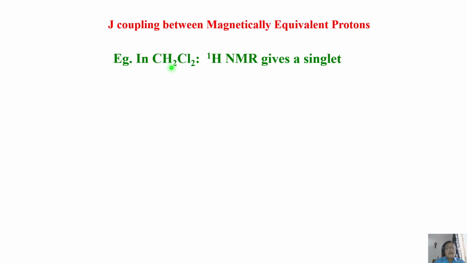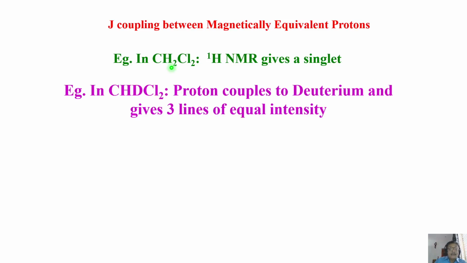When I deuterate that, you get CHDCl2. This is another way. When I look at this CHDCl2, the proton coupled to deuterium gives 3 lines of equal intensity.